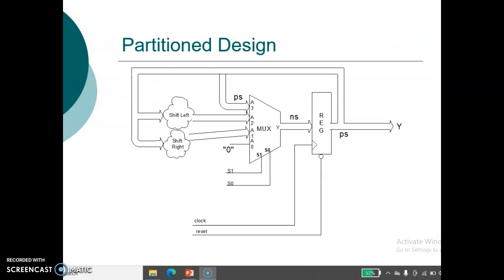Partitioned design. Here, this is the present state. This is the mux, this is set 1.